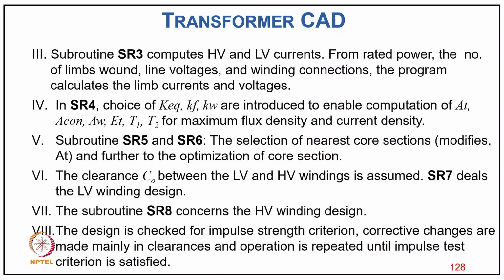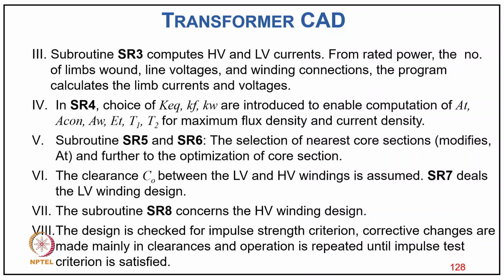Now coming to subroutine SR3, compute LV, HV current from the rated power, the number of limbs, line voltage, and winding connection, and the program calculates the limb currents and voltage. In SR4, choices of KE, KF, KW are introduced to enable computation of AT, ACON, AW, T1, T2 for maximum flux density and current density.